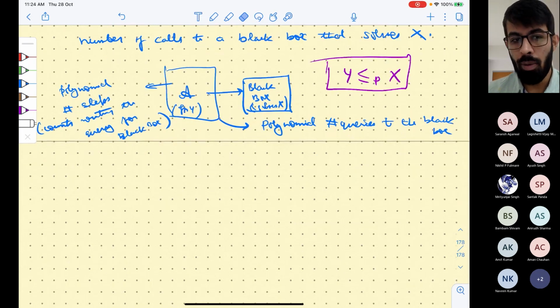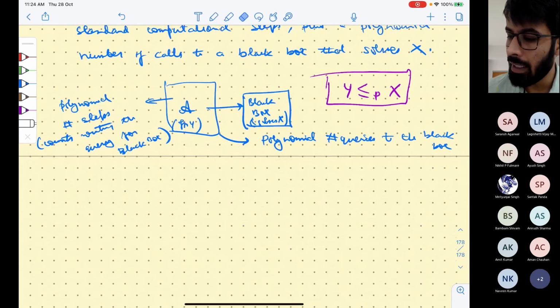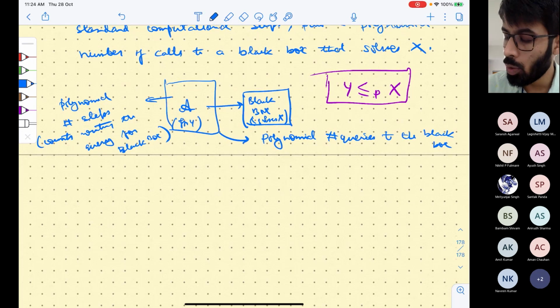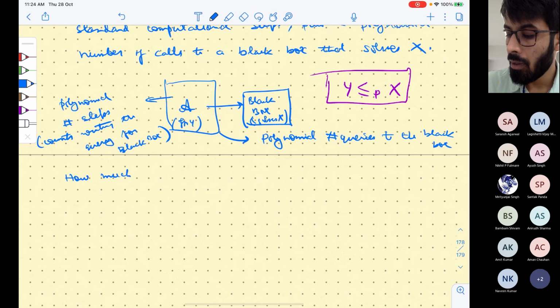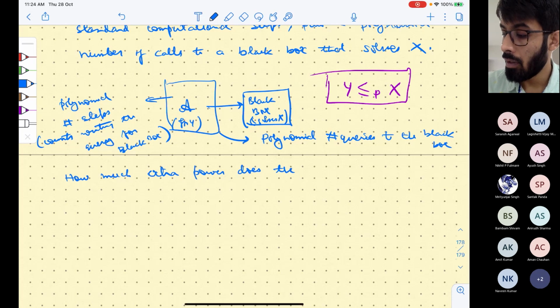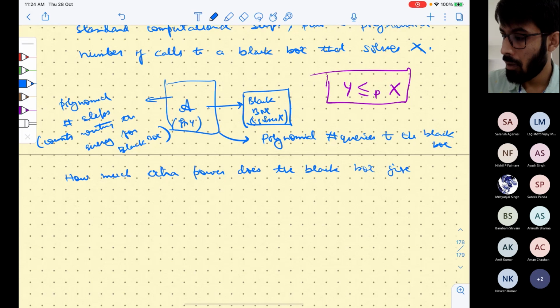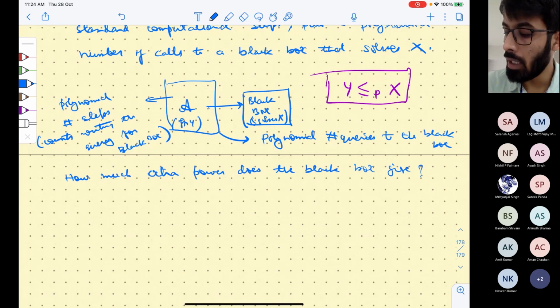For those problems, the implications will start coming. If Y reduces to X, then what does it mean? Let's say we reduce to X. How much extra power does the black box give? How strong is the black box?